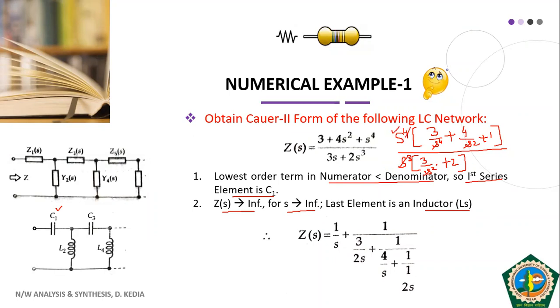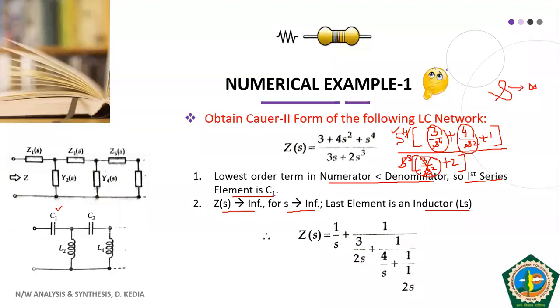Now what happens if you make s tend to infinity? This 3 by s square has infinity in the denominator, so 3 by infinity is 0. This will be cancelled, and this is 2. Now here 3 by s4 will also be 0, and 4 by s square will also be 0.